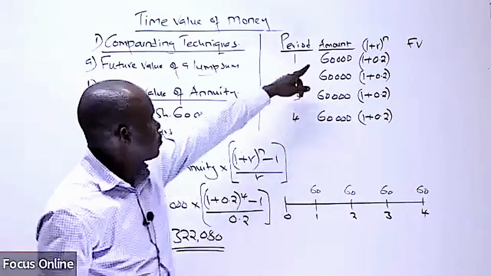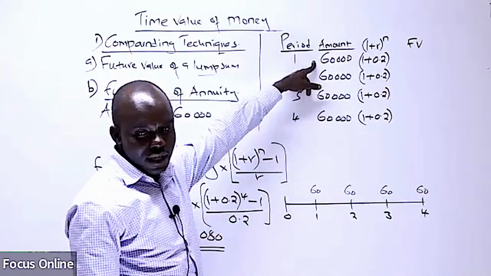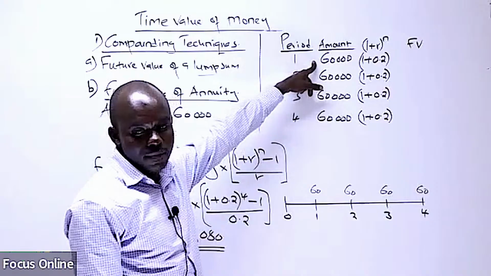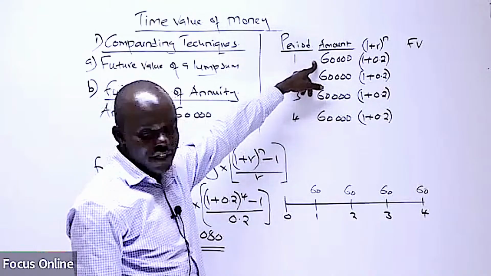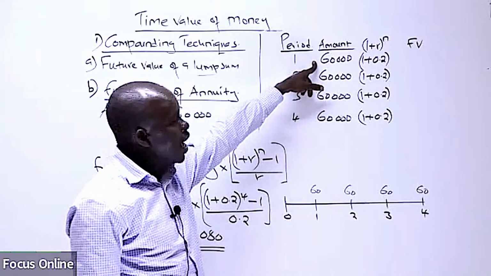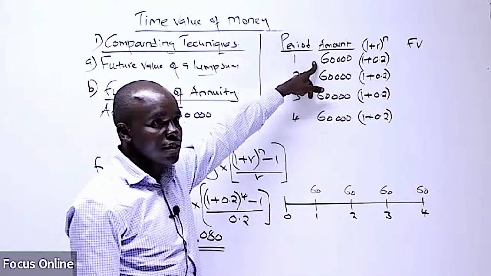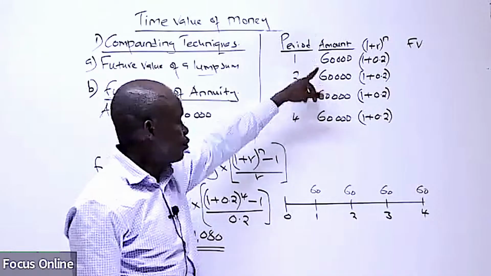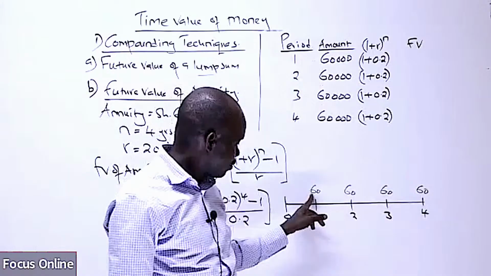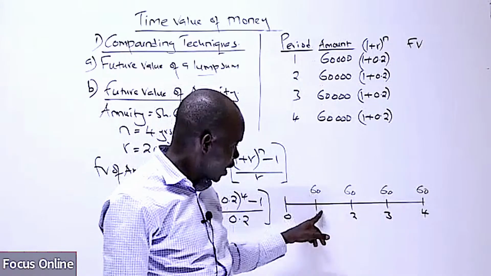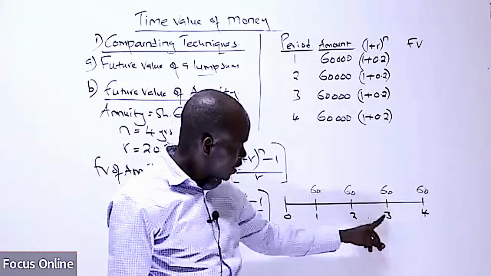So this 60 that you've invested at the end of year 1, how many times will it earn interest by the end of year 4? We have invested 60 here, so it will earn a return here, a return here, and a return here.